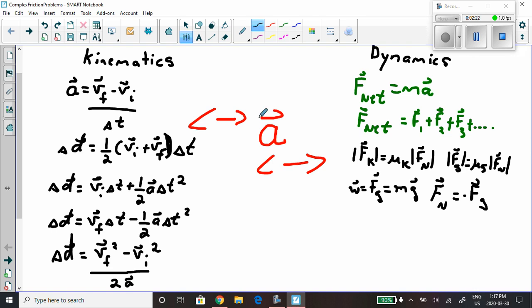Then you can bring acceleration over to this side and use it with other pieces of given information to find some kinematics quantity like initial velocity, final velocity, time, displacement, what have you. But this little diagram here is basically the underlying structure, the strategy to approach a lot of these more complex dynamics problems.